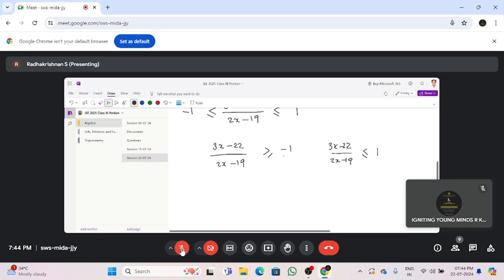So this is the first step. Now we have broken down the bigger problem into two smaller problems. Now for each of these smaller problems, let us find out the range of x.